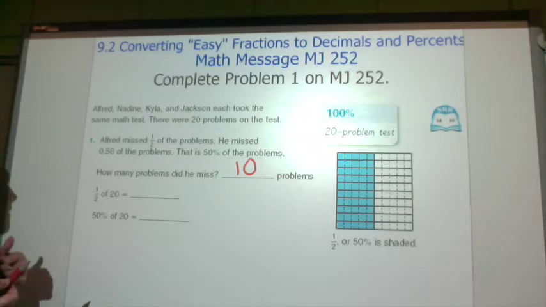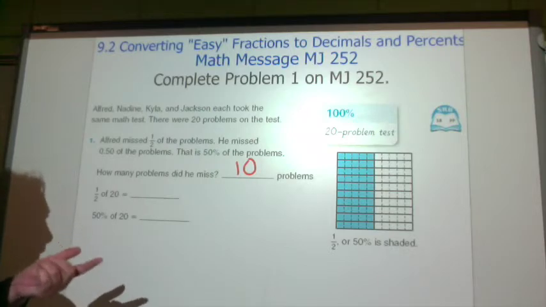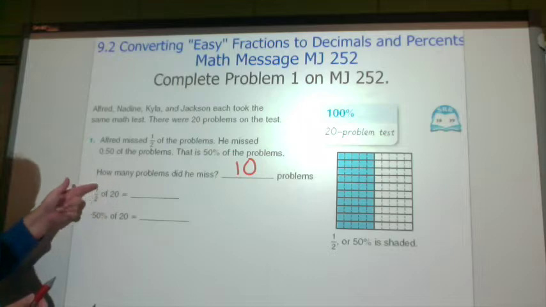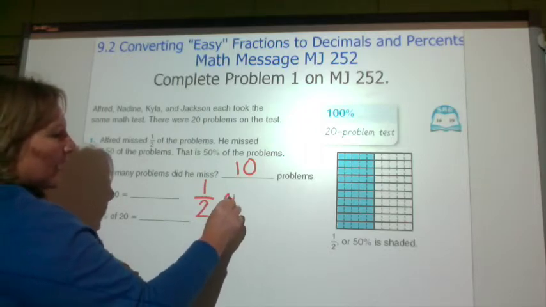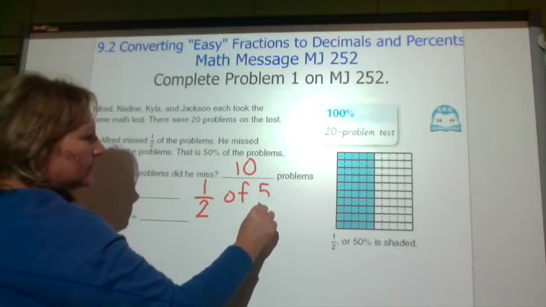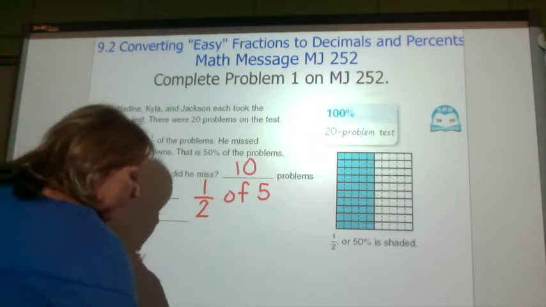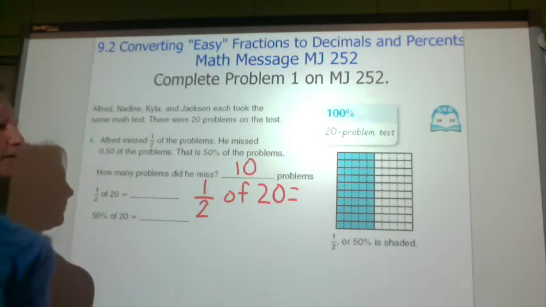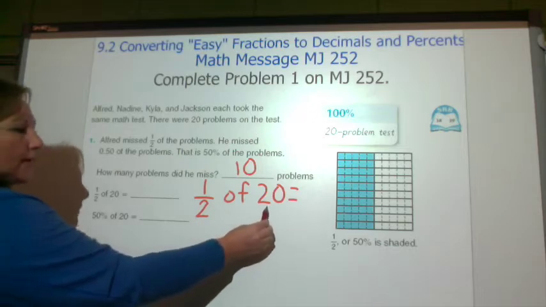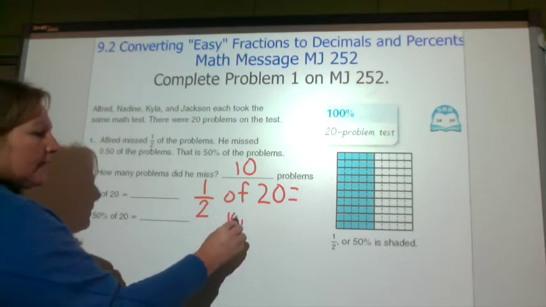Now if we didn't know that 50% was half, we could also set it up this way right here. We need to know what half of 20 is. And if I set it up like that, we always divide first. 20 divided by 2 is 10.